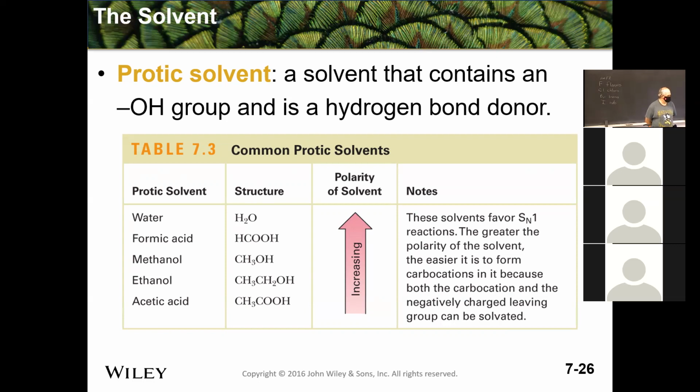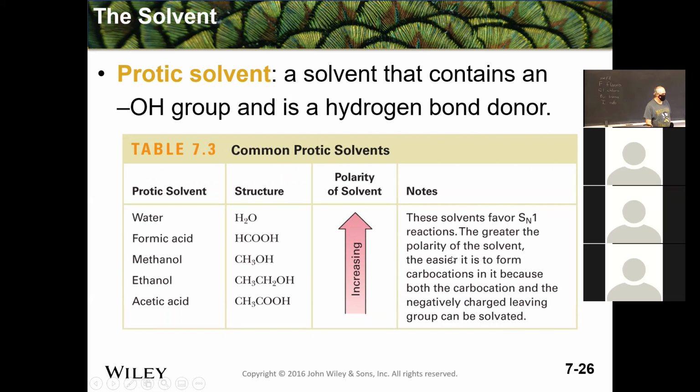The NH3 can hydrogen bond. So water, formic acid, methanol, ethanol, acetic acid, these are all protic solvents. The OH group is a hydrogen bond donor. These solvents will favor SN1 reactions.